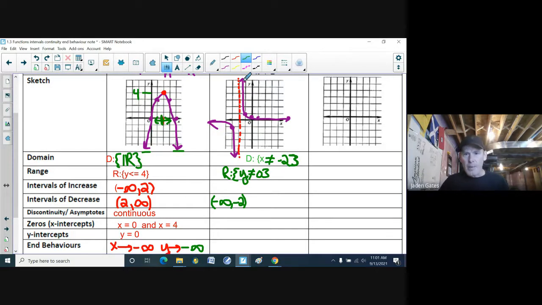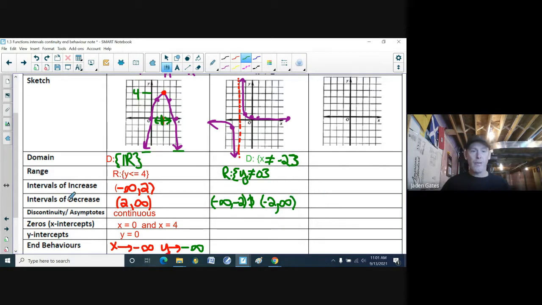But look, I keep going down the whole time. And then I get to this spot where my pen is, and I'm still going down little by little, but I'm still decreasing. So I have another interval of decrease. And again, I can't include x equals -2 because I got that red line there. But I keep going all the way to infinity.